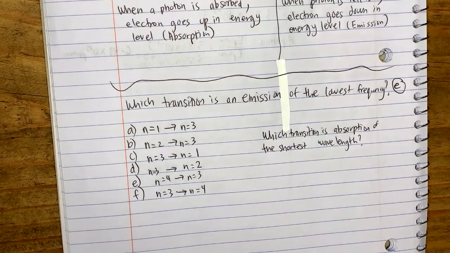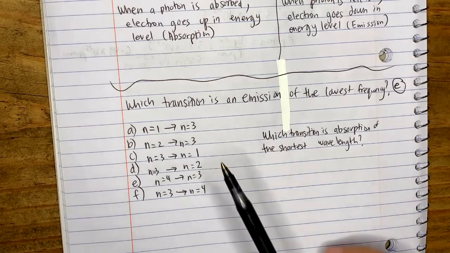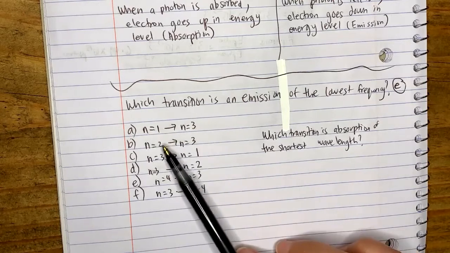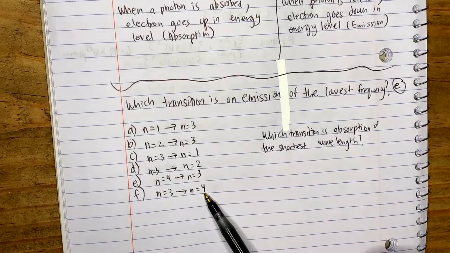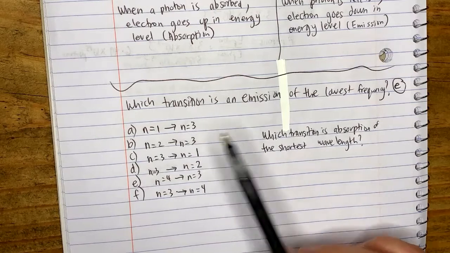So the shortest wavelength will give you the highest frequency. The highest frequency means highest energy, and you want to absorb it, and it has to be highest energy. So you want to go up in the biggest gap you can find. The way I see going up is 1 to 3 is going up, 2 to 3 is going up, and 3 to 4 is also going up. So going up, but I want the biggest gap. The biggest gap would be A.